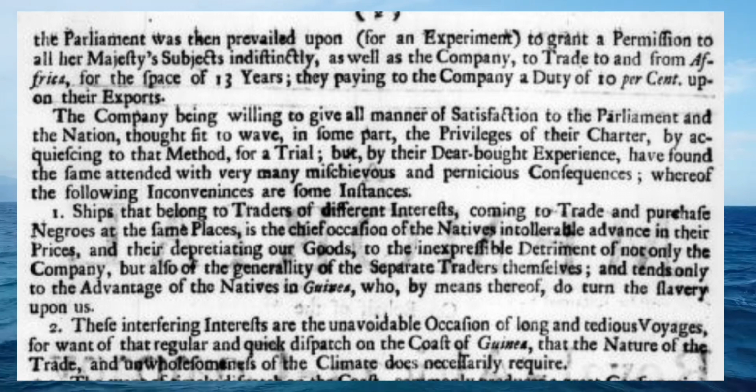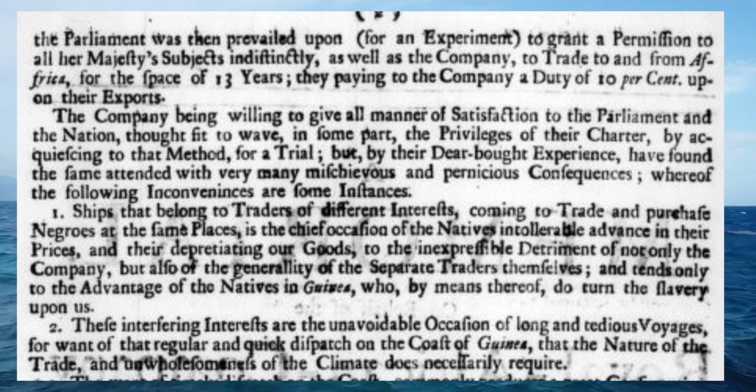by acquiescing to that method for a trial, but by their dear bought experience have found the same intended with very many mischievous and pernicious consequences. Now remember that they completely took over the Royal African Company.